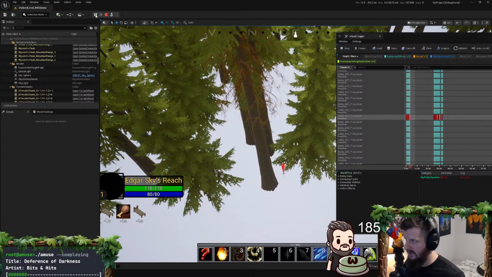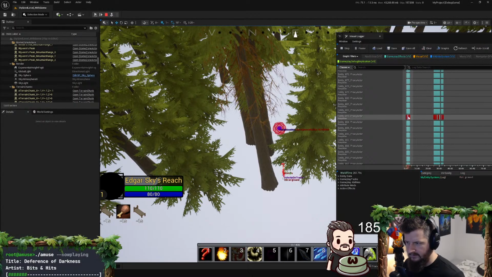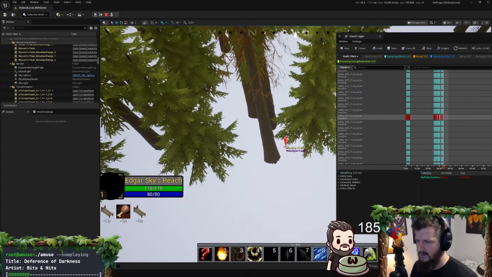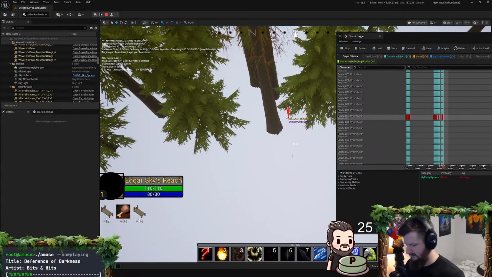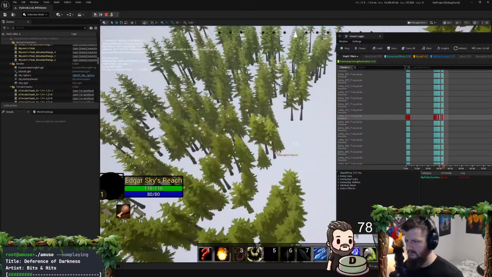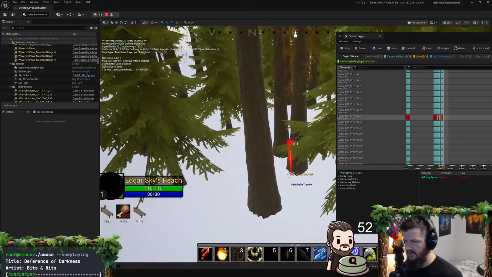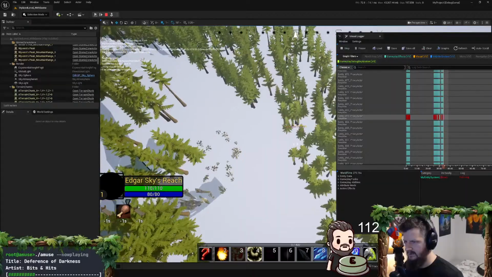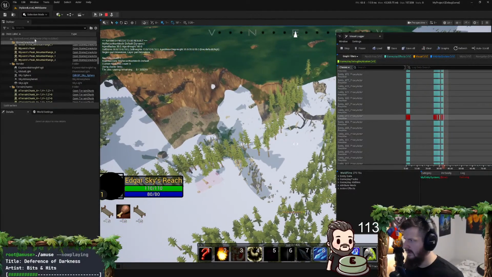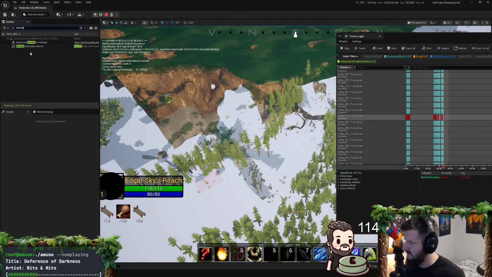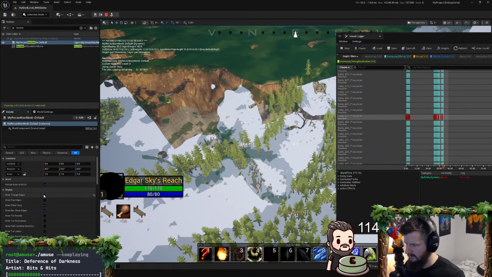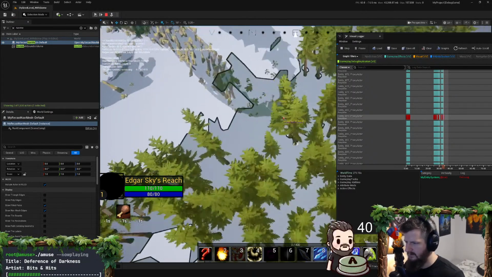Oh, he's falling now. So hang on, pause. Oh no, he's just stuck. Okay, yeah, there's no nav mesh there. Oh, the nav mesh probably just isn't updated. There we go. There's our updated nav mesh.